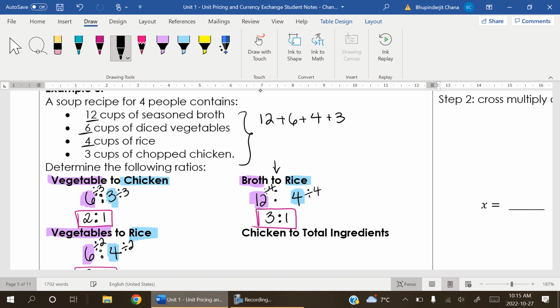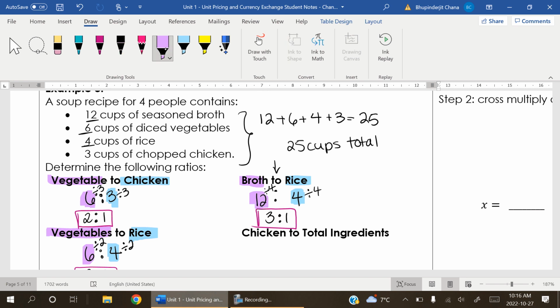Then you're going to plug that into your calculator. Do this with me. I'm plugging it into my calculator right now. Pull out your calculators and plug it in right now. I get 25. So I'm just going to write 25 cups total.